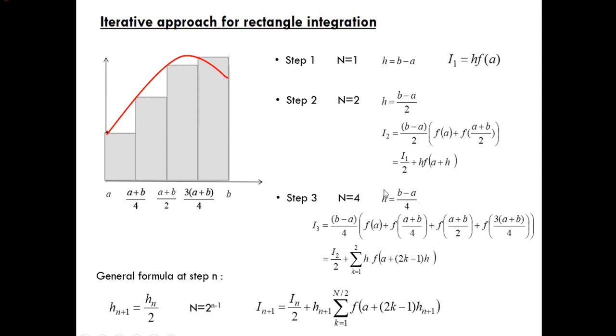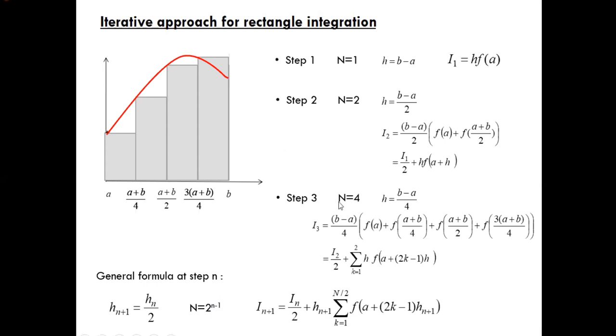At each step I'm making h equal to h over 2. So I start with this h, I divide by 2, I divide by 2, etc. Now the number of intervals is 2 to the power n minus 1, where n is the step.